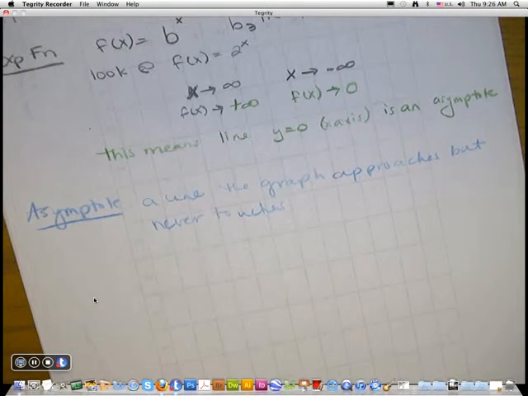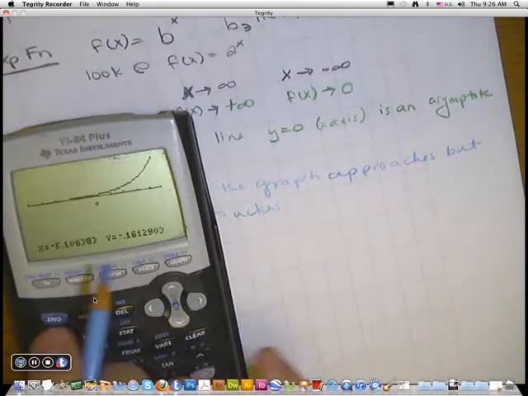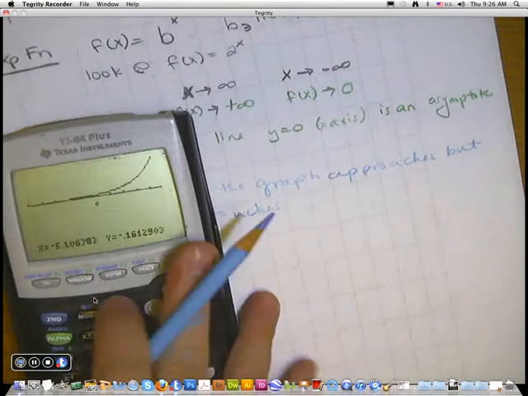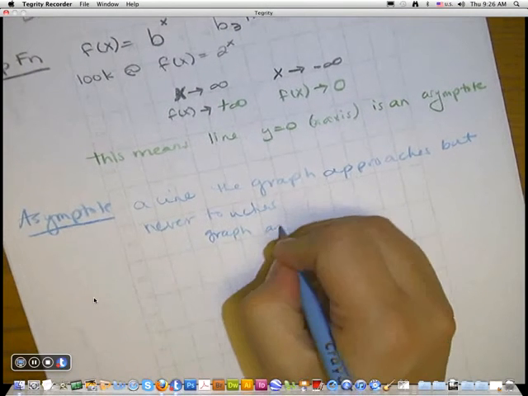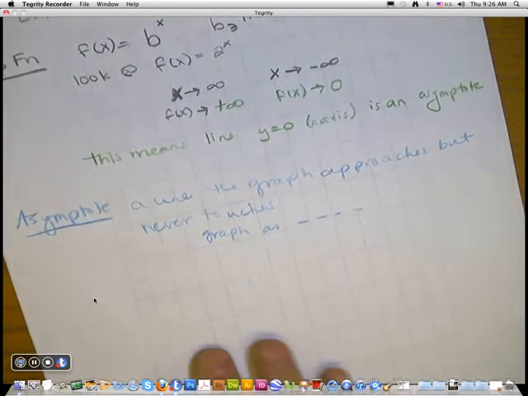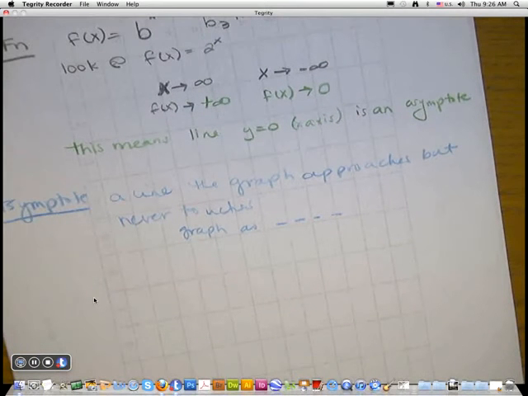And when we graph an asymptote, like if I were to graph this picture, I would make the x-axis a dashed line. So we would graph an asymptote as a dashed line. And there can be vertical asymptotes, horizontal asymptotes, and we'll get into how to decipher those. But for right now, an asymptote is denoted with a dashed line.